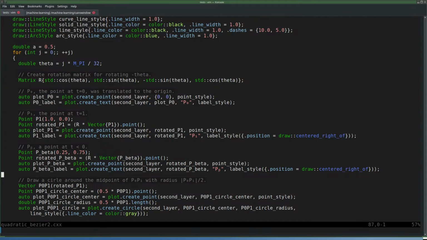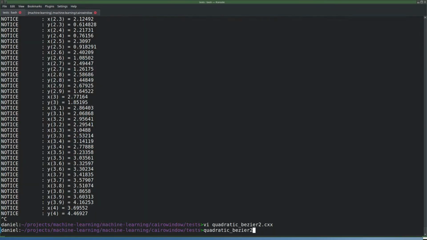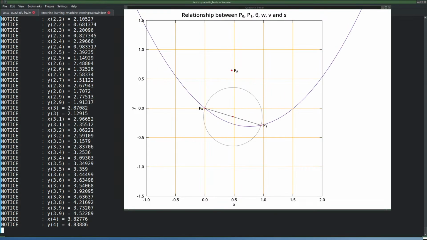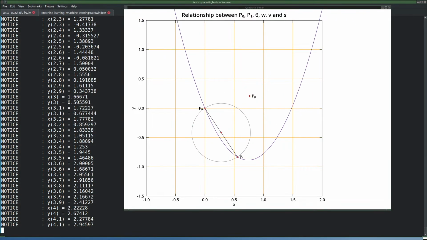And now the question is, what is the right theta? So what should the rotation be such that it is a fit? It's not a fit now. The point is here. The parabola is not going through that point. So we have to rotate it, and I don't want this leg to go through it because that's for the wrong t values.